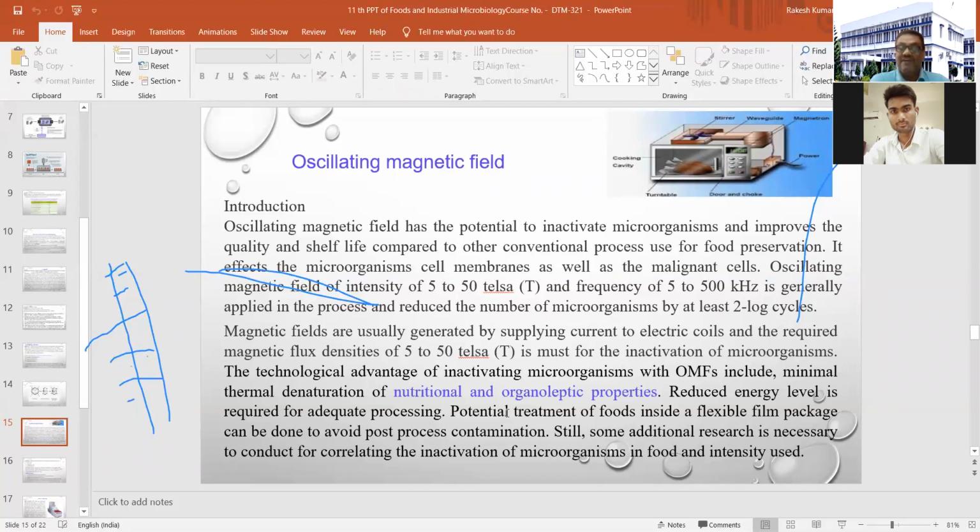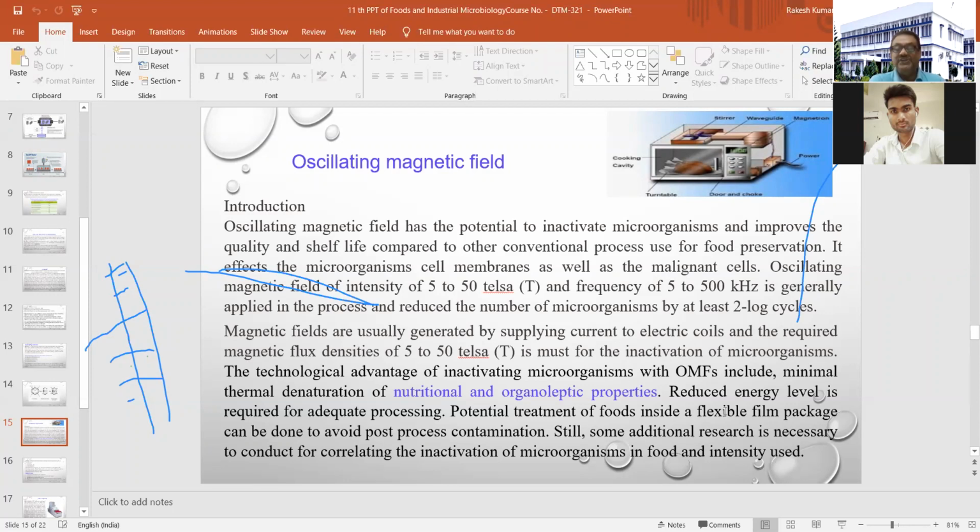The technological advantages of inactivating microorganisms with this oscillating magnetic field method include minimum thermal denaturation of nutritional and organoleptic properties. So if you really want to maintain your nutritional attributes, or the organoleptic properties of your food item, you can select this particular method.